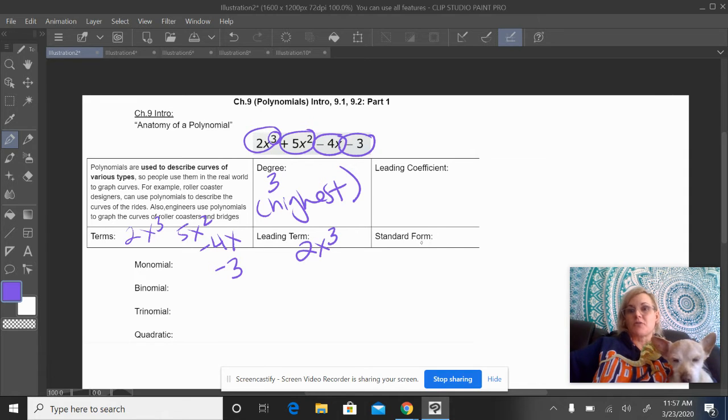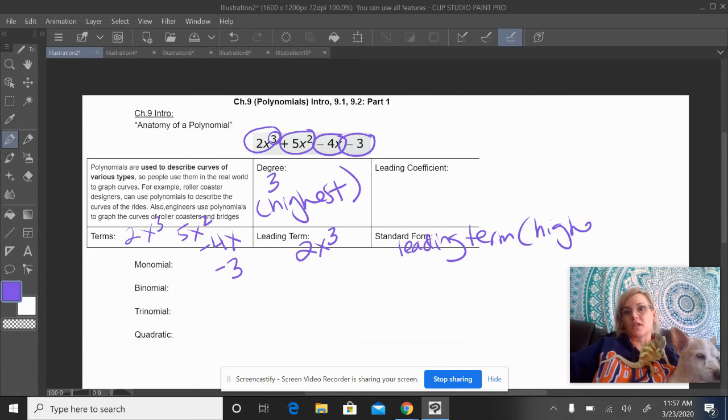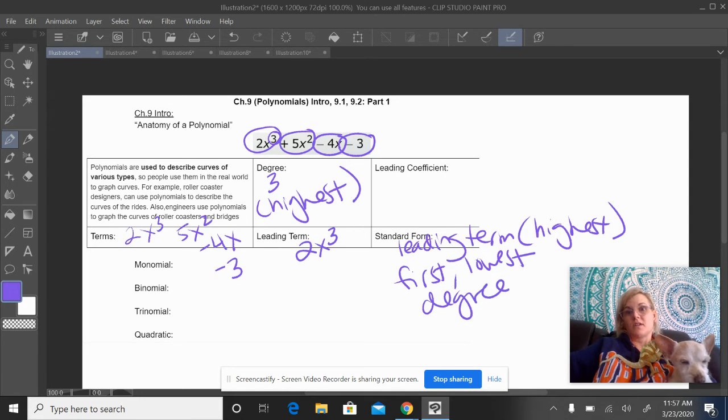This is in standard form. Standard form means my leading term, the highest one, goes first, and then it goes down the line, highest to lowest. So highest first, lowest degree last.